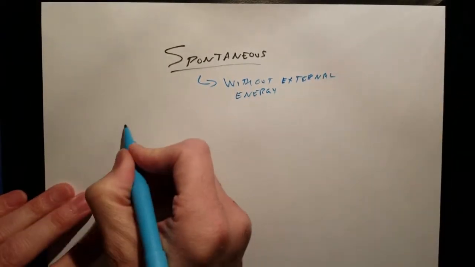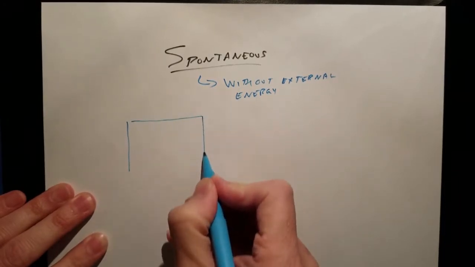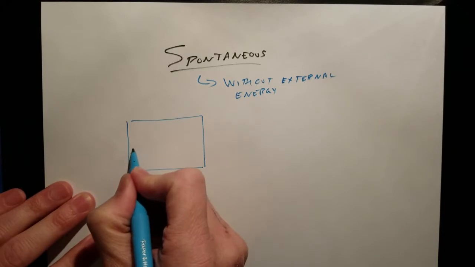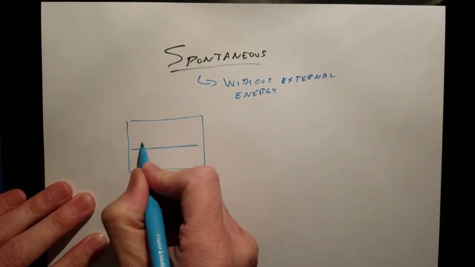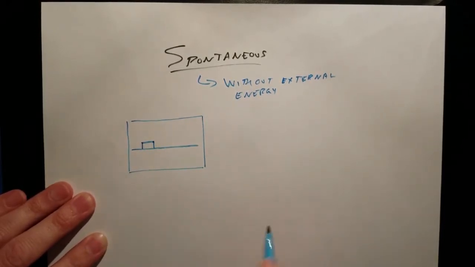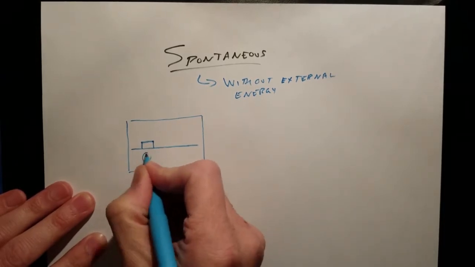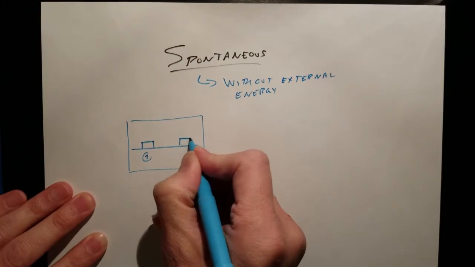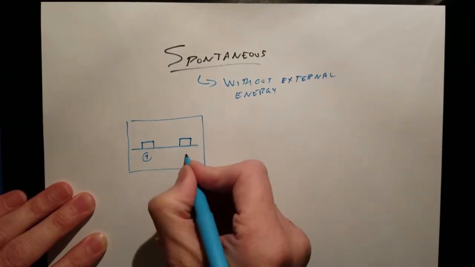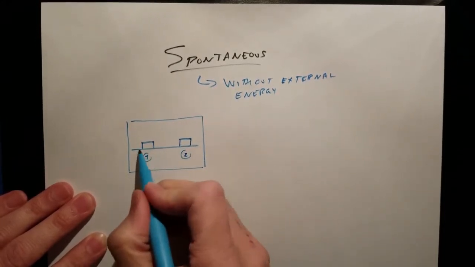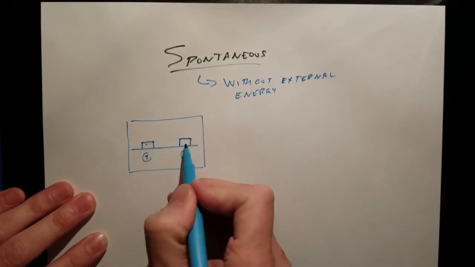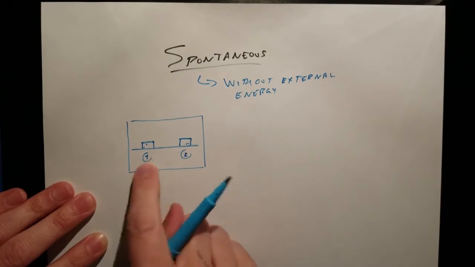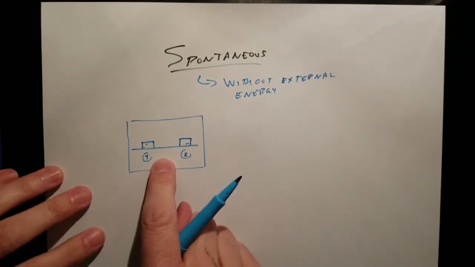So if you imagine a system, and inside that closed, isolated system, you've got a plane, and you've got some brick on that plane. Well, if this is state 1, you can imagine a state 2 where it is moved slightly. And if this is flat, you know that it's not going to spontaneously move. These two states have the same energy, but it will not spontaneously occur.